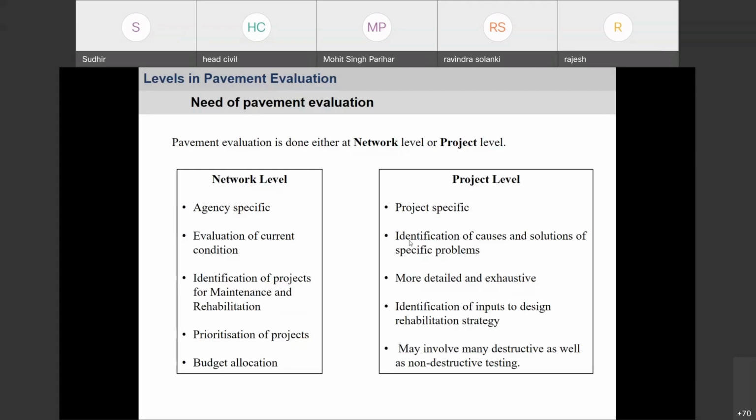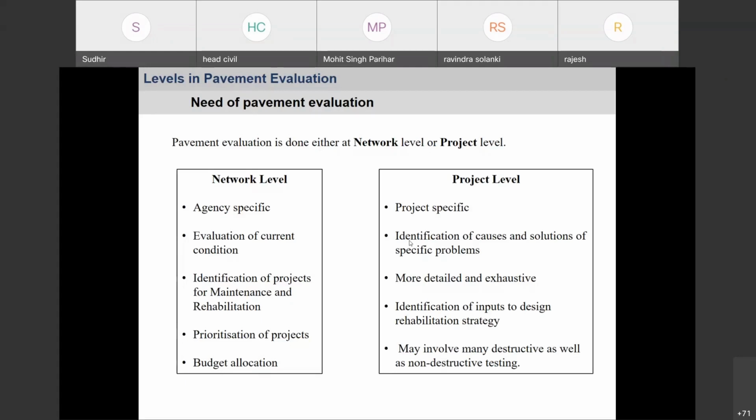Whereas if we talk about project level pavement evaluation, then we are talking about project specific evaluation. That means maybe I have a particular pavement section for which I want to understand its existing condition.